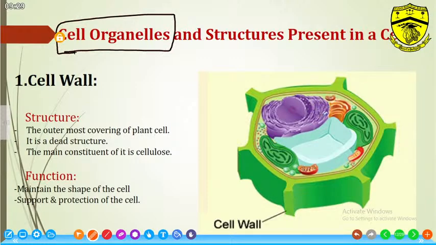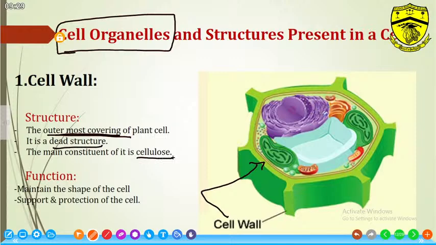So, we know that in here, this is the cell wall. The outermost covering of plant cell. It is a dead structure. The main constituent is cellulose.